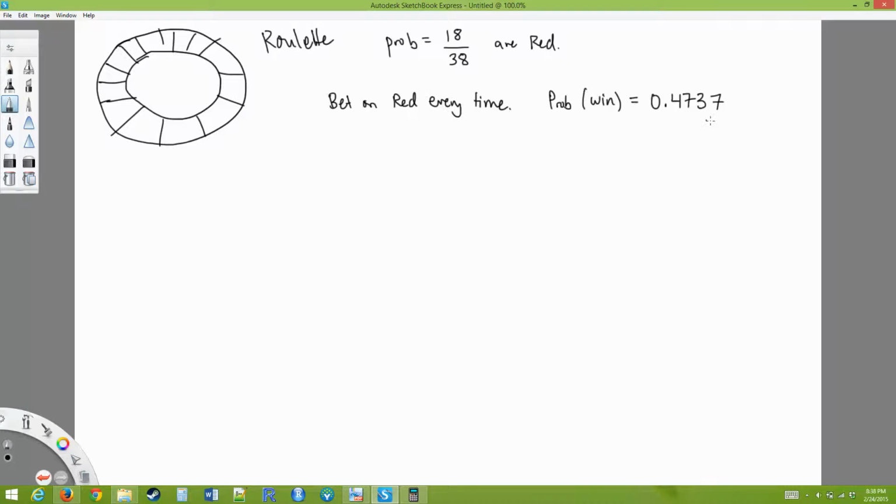So let's say you bet on red every single time, and let's say you play 200 games. You've got deep pockets, all right? Let's say you win 49% of the games.